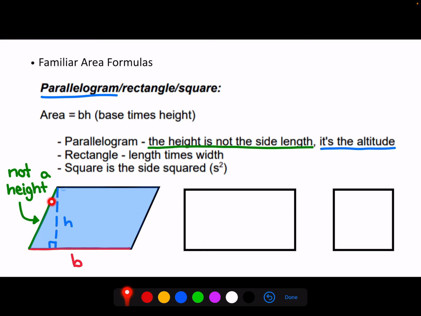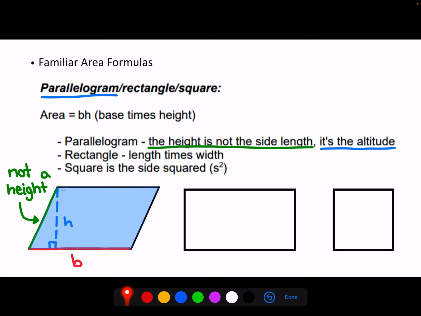It's the height of the slanted part of our parallelogram. So we're not going to use the slant height, at least not for area. We'll use it down the road once we get into pyramids and cones and finding the volume and surface area and all that stuff of those shapes. That's when we're going to be using slant height more so. For now, we really just want height.